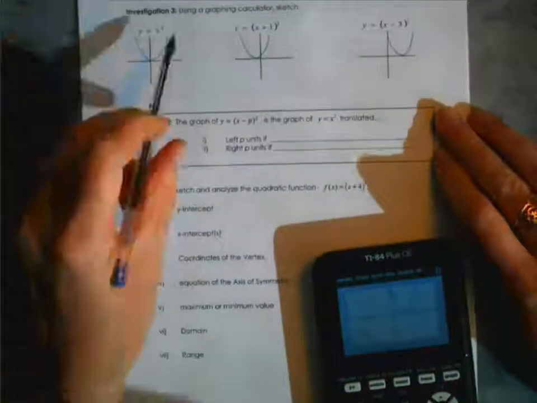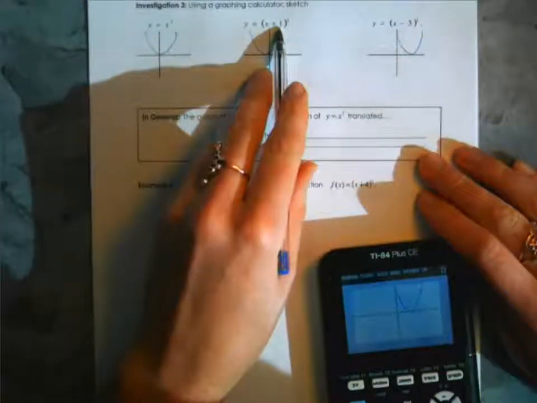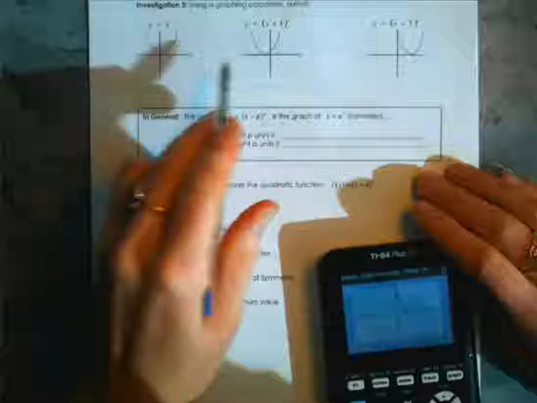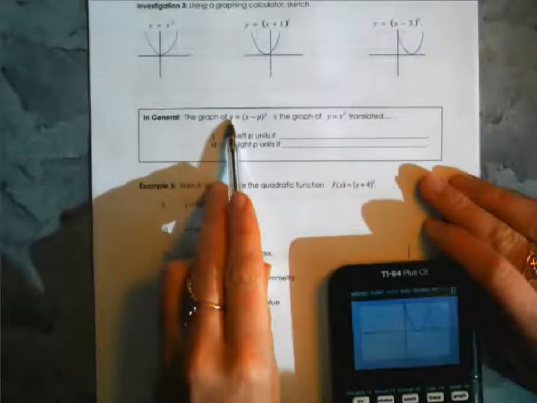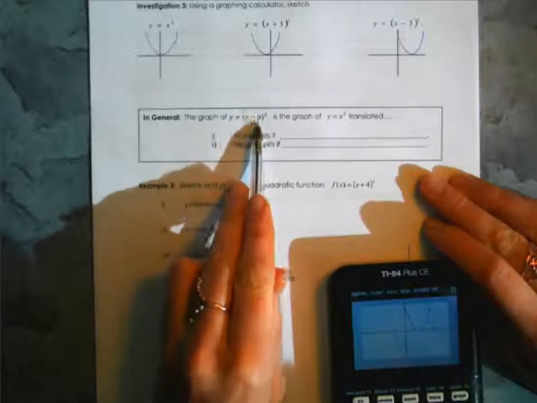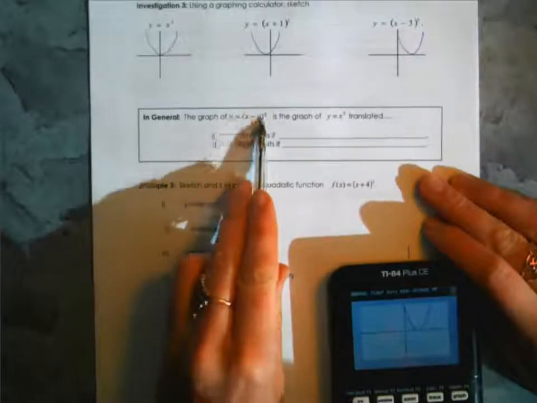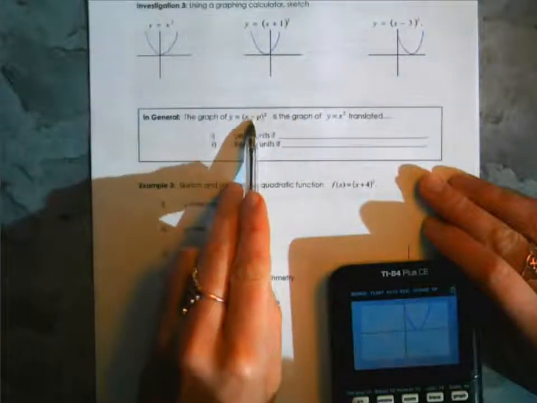Basically, when we have these different graphs where we have values being added to or taken away from x, the general form that we would write is y equals x minus p. So p is our number value, and in the equation we're always saying minus.